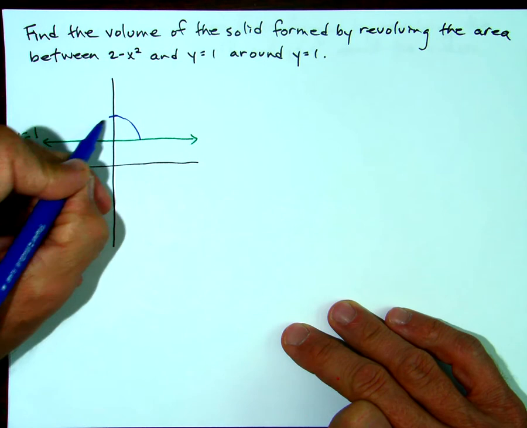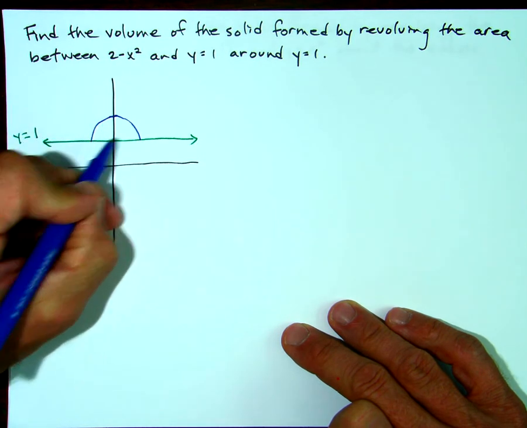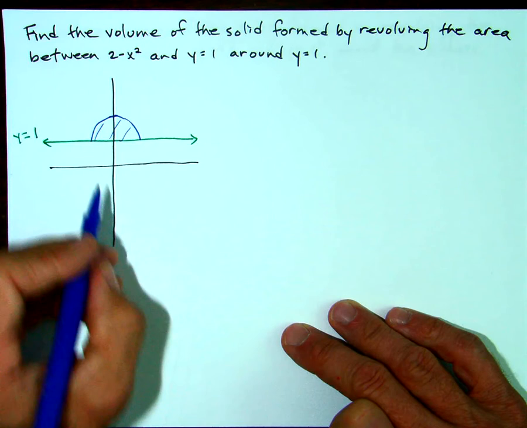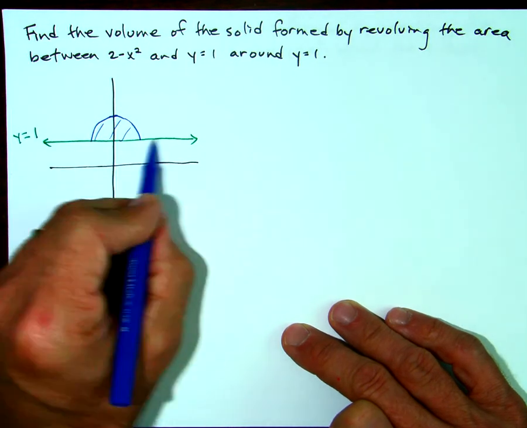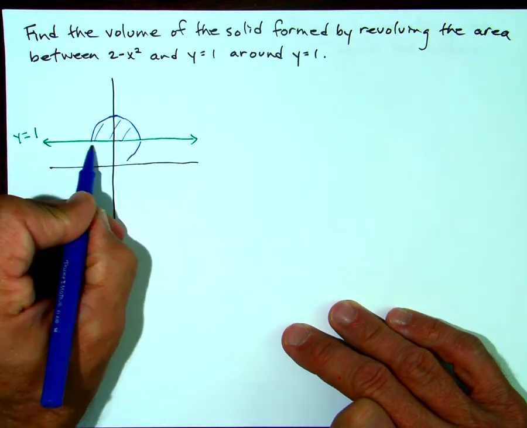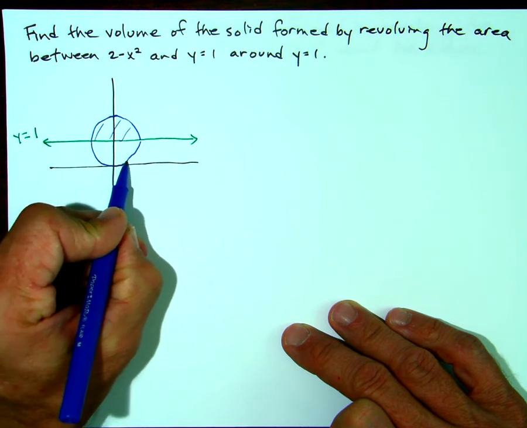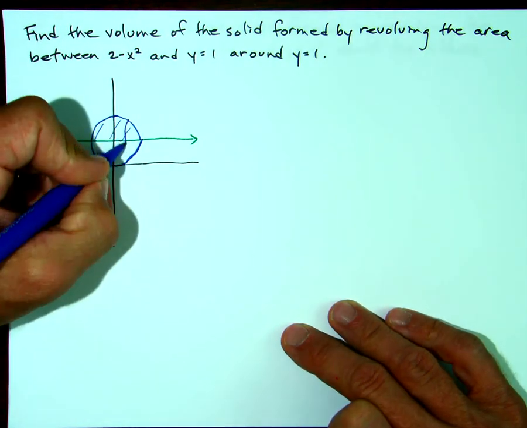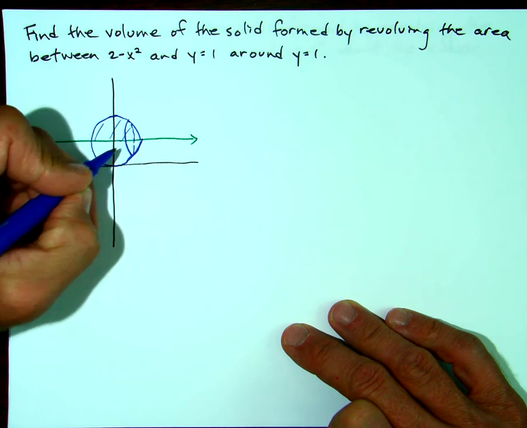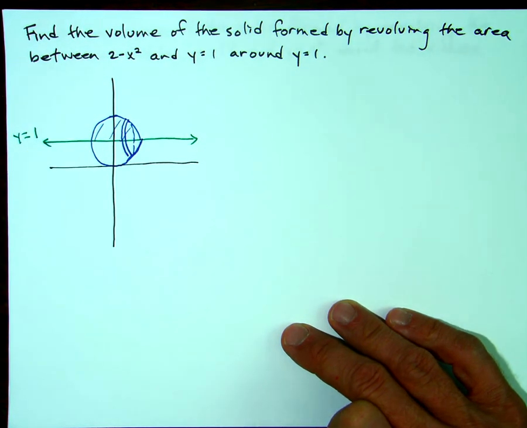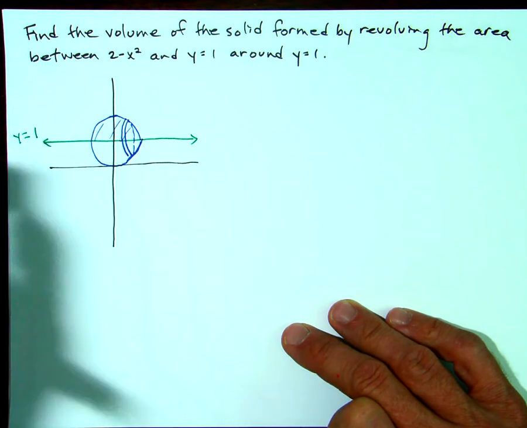But we're just looking for this area right here between 2 minus x squared and y equals 1. And that's going to get revolved around the line y equals 1. So we're going to have the bottom half of this be parabolic. It'll be symmetric about that line. All right. So we can think about just kind of carving out a disk again, thinking about the volume of one of those, adding them up, using our formula.